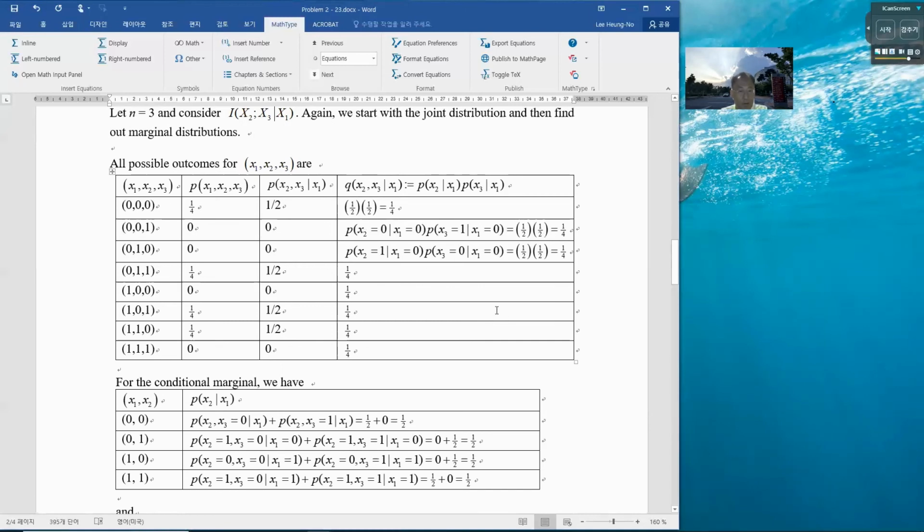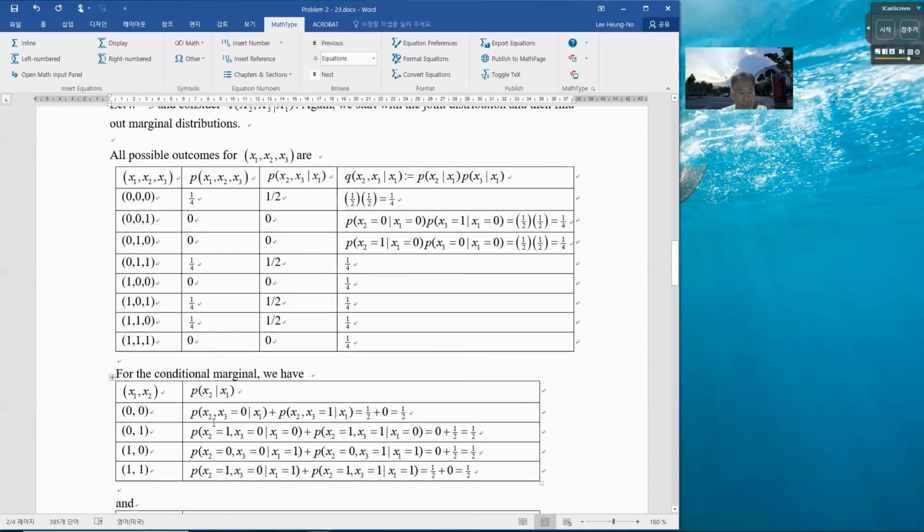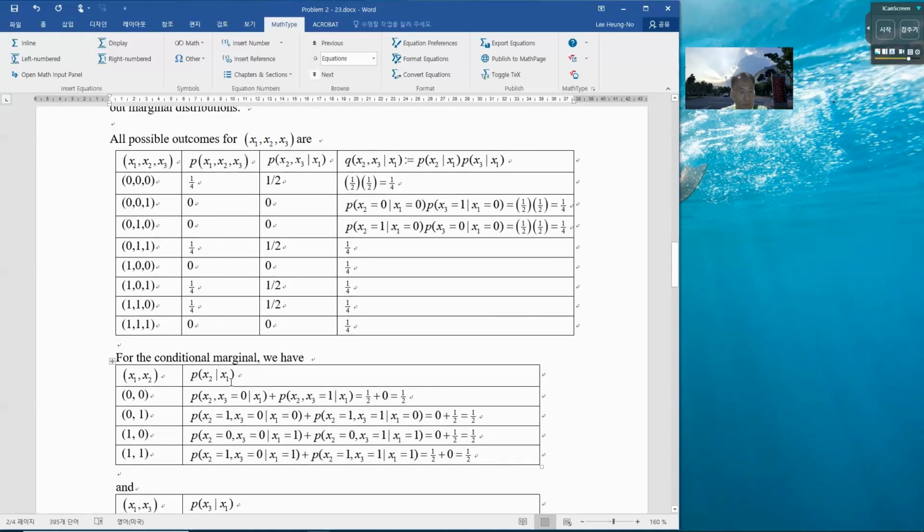All right, how do you get it? So here is the derivation for this part. p of x2 given x1 can be obtained utilizing this one that we have calculated already, the joint distribution.